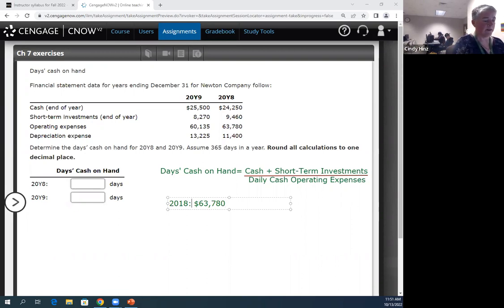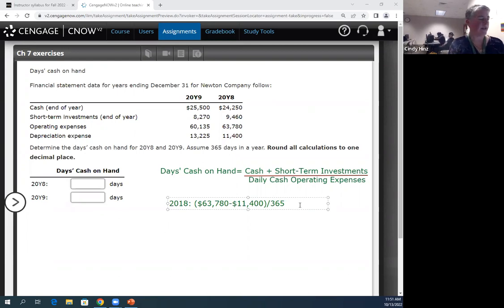So we take our total operating expenses, we subtract from that the depreciation because that is not a cash expense. And then we divide by 365 to make it the average per day. Where do we get that information? From the income statement. We can see their operating expenses on the income statement.